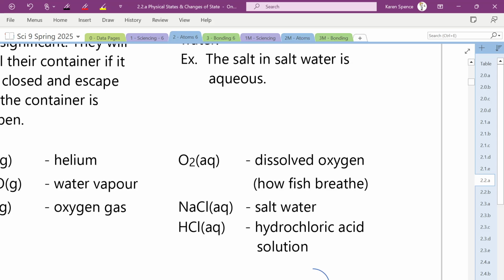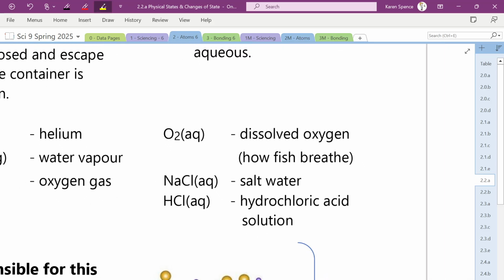As for aqueous things, we already talked about salt water, but how do fish breathe? How do fish get their oxygen? They get it through their gills. What goes through their gills? Water. So where is their oxygen? It's actually dissolved in the water.